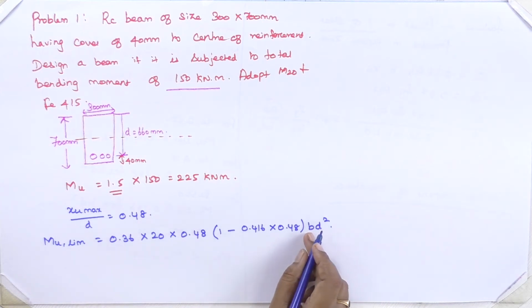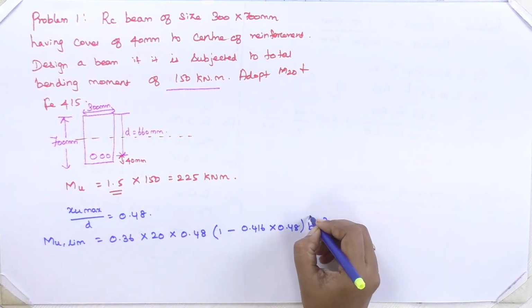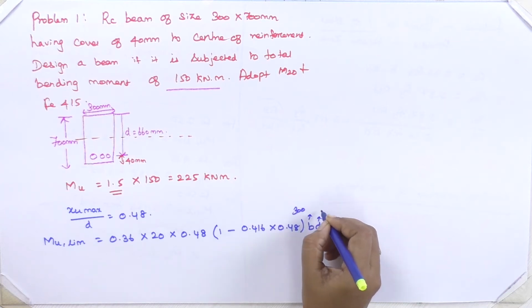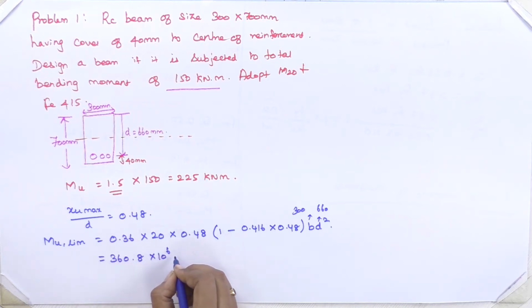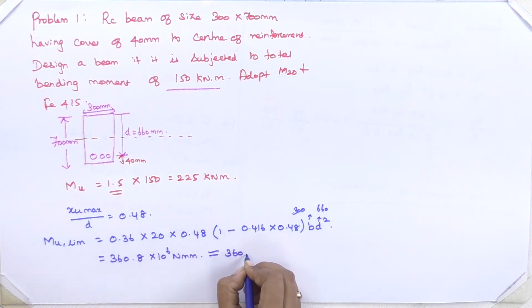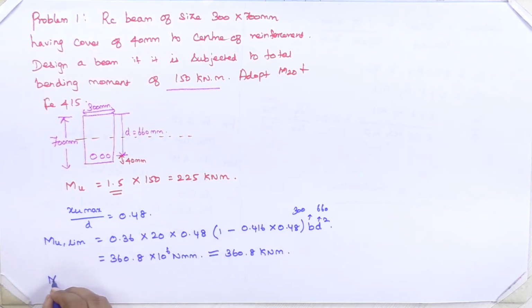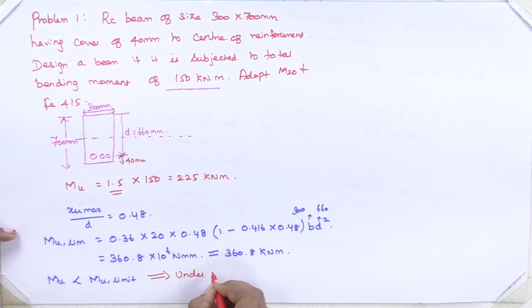After substituting 300 for b and 660 for D, you will get some value around 360.8 into 10 power 6 Newton mm, or else 360.8 kilonewton meter. The given Mu is less than Mu limit, so you can rightly call this section an under reinforced section.